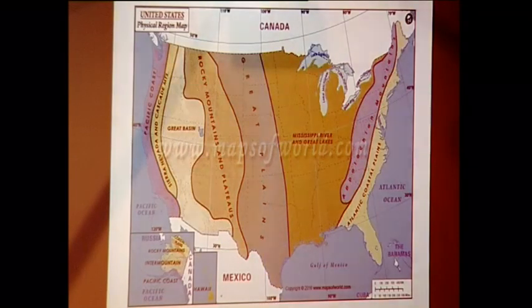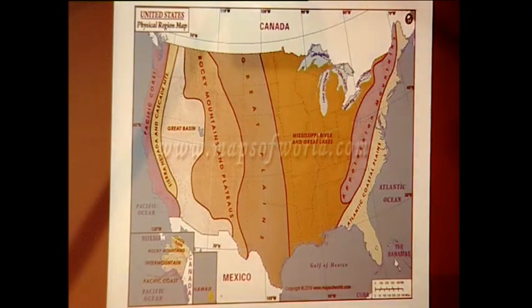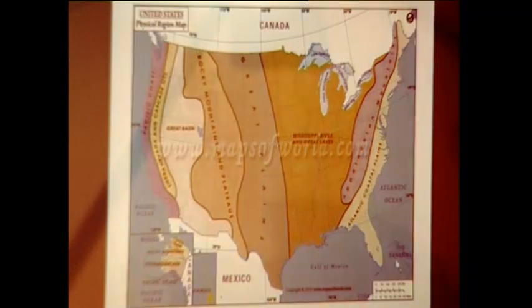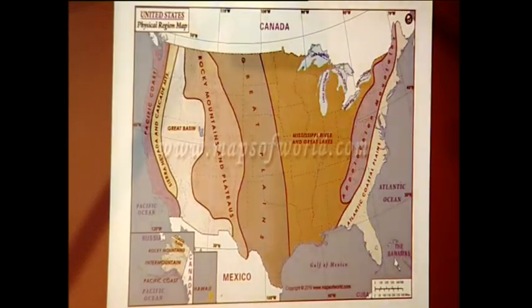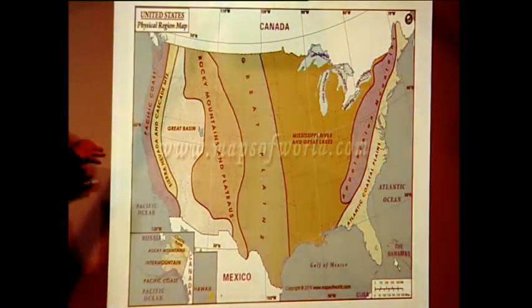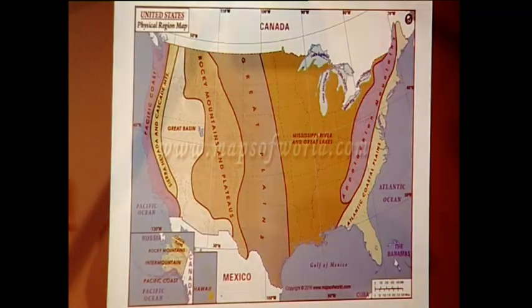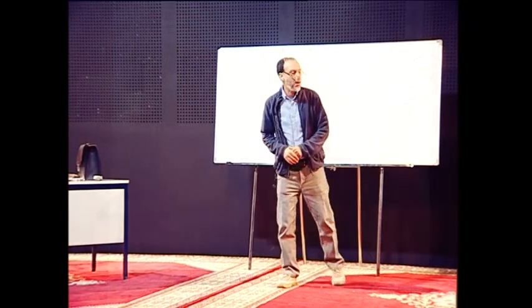Now, if you look closely at the map, you see on the left side, toward the Atlantic Ocean, we have the Appalachian Mountains. It's the purple color. And on the west side, we have the Rocky Mountains and the Sierra Nevada mountains.